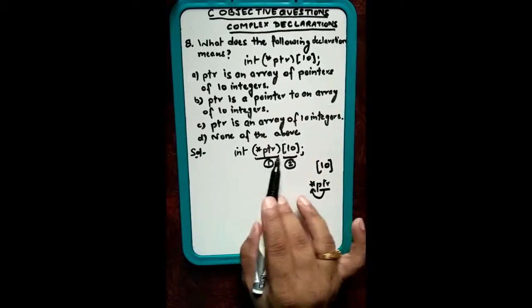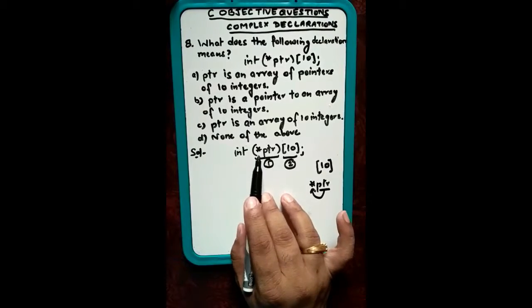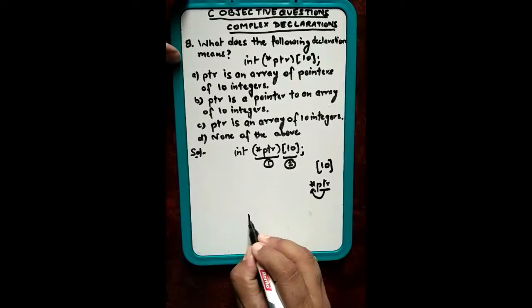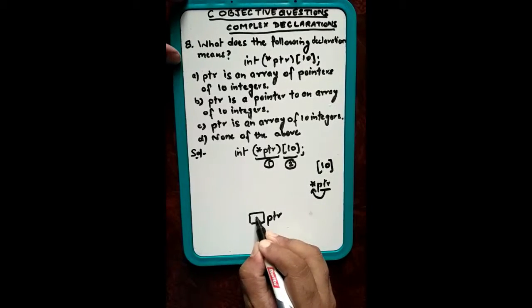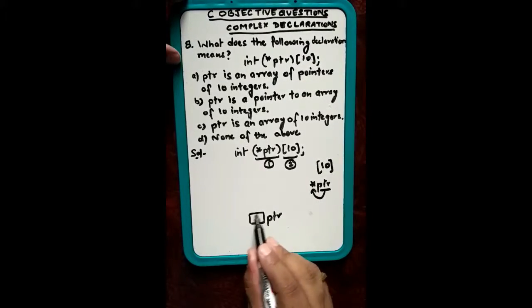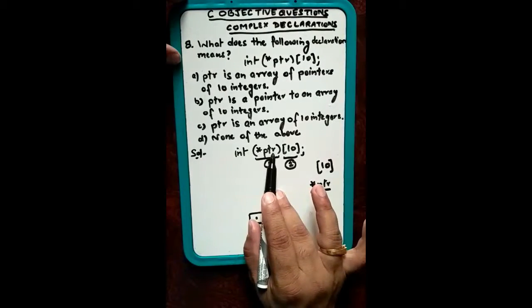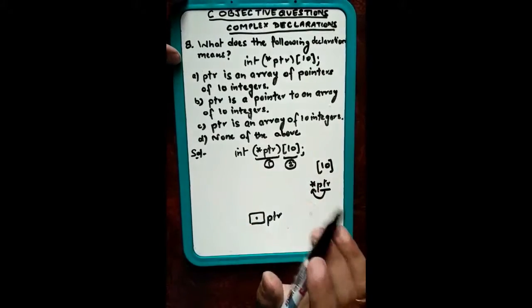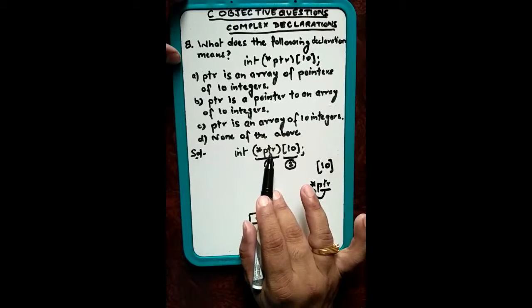That is, first we get the meaning of this declaration: ptr is a pointer, that is, ptr is storing an address. ptr is simply a variable which is storing the address.